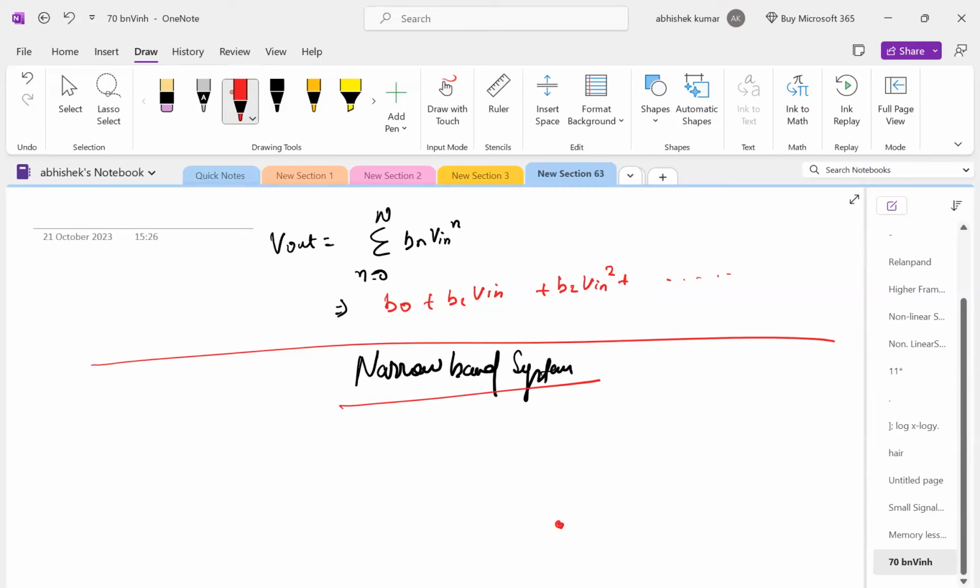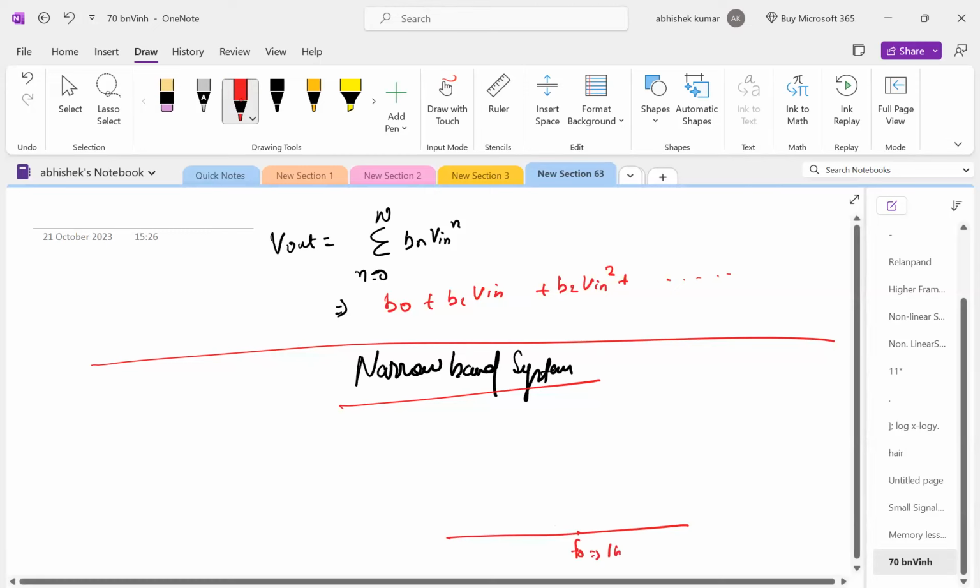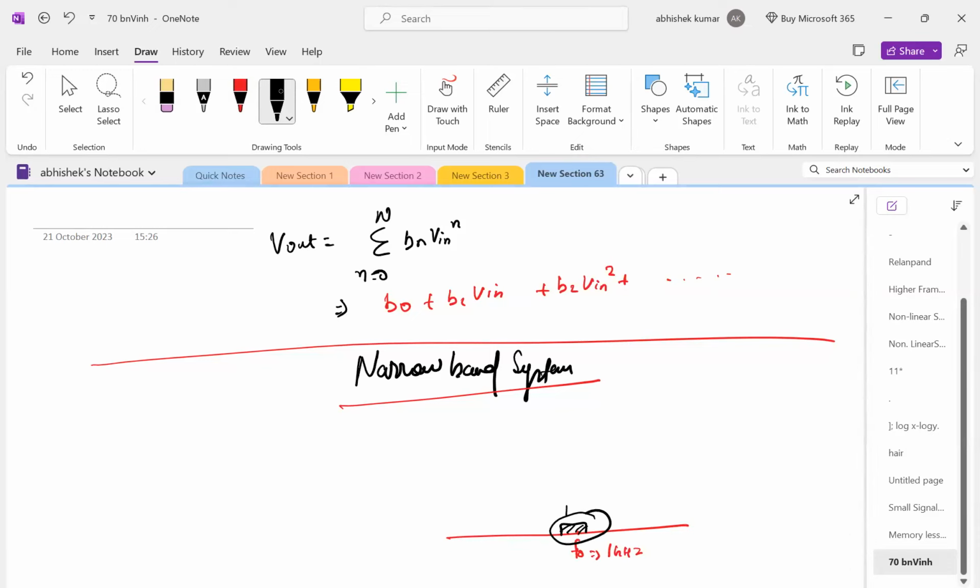Suppose this is our operating frequency. Assume, what does narrow bandwidth mean? Suppose this is F0, our operating frequency, which is 1 gigahertz, and you have your beam near this one only, and the bandwidth is BW.